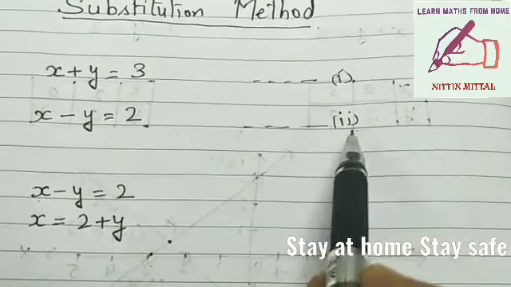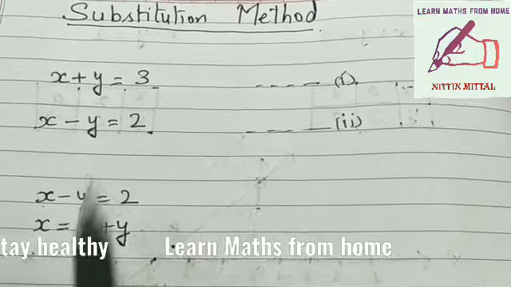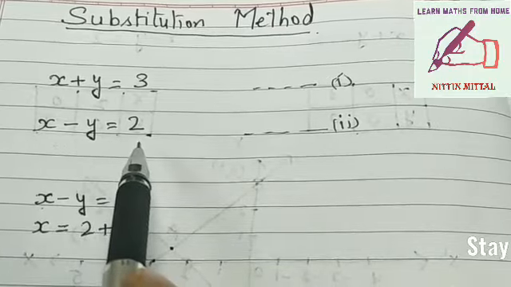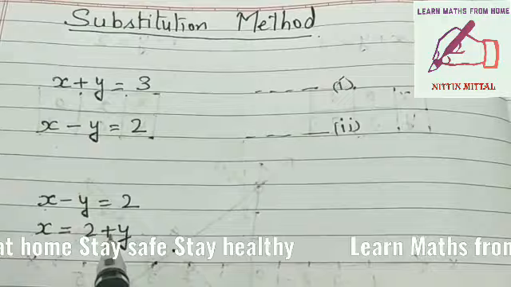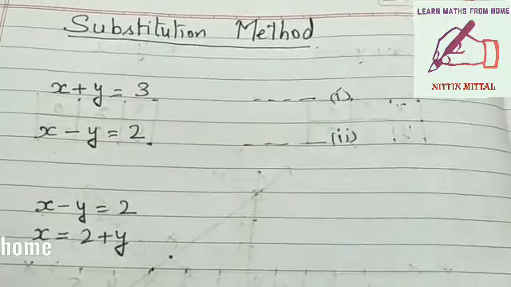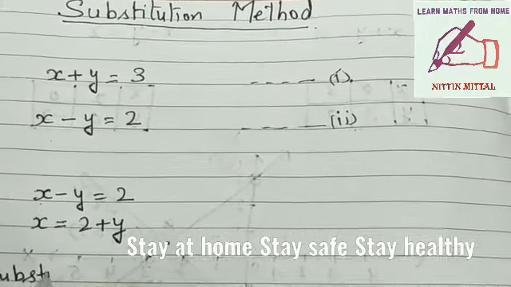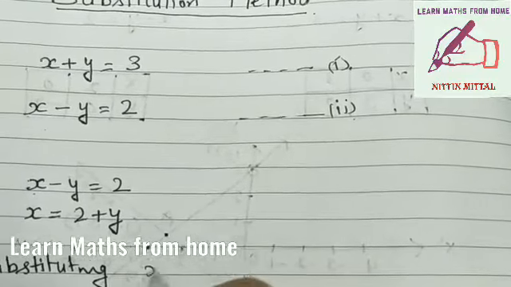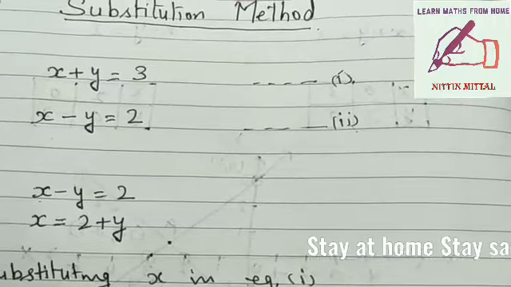So we will not fill this value of x in equation 2, because if we fill it, it will be of no use, both sides will be 0, right? So what we are supposed to do, this value of x we will fill in the other equation, that is equation number 1. So we will write, substituting x in equation 1.